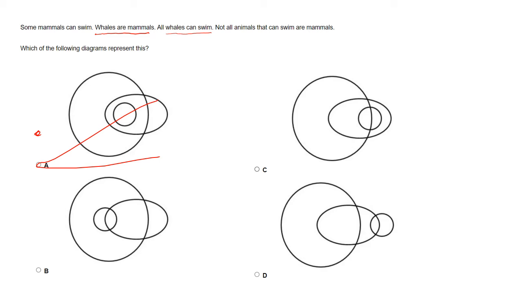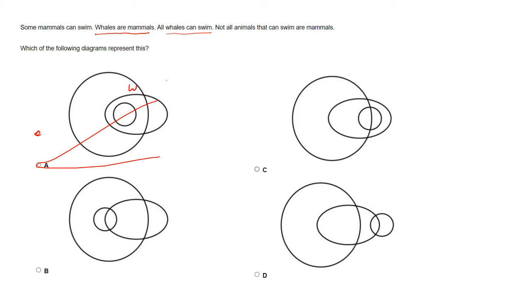But we can just go through that to make absolutely sure, given that we have got time to do that. So if this is the whales, we're saying it's completely contained within these two sets, but it's also telling us that not all animals that can swim are mammals.